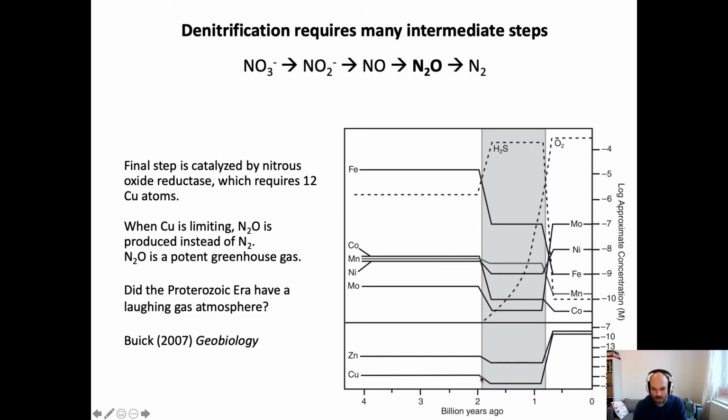Okay, so during this boring billion of the Proterozoic era, due to a variety of factors of ocean chemistry and atmospheric chemistry, it was a tough time to be a metal in the ocean. There was a decreased solubility of metals in the ocean at that time, in part because there was an increase in hydrogen sulfide at that time.